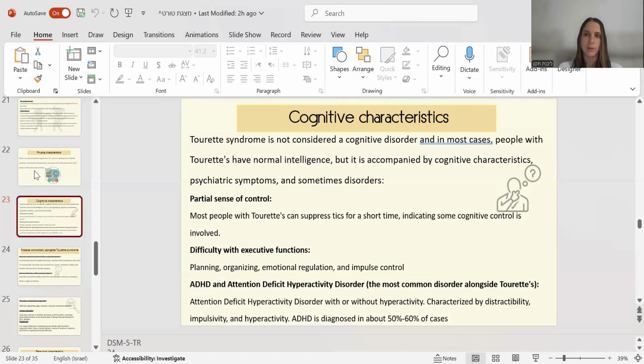Attention deficit hyperactivity disorder, with or without hyperactivity, is characterized by distractibility, impulsivity, and hyperactivity. ADHD is diagnosed in about 50% to 60% of cases.